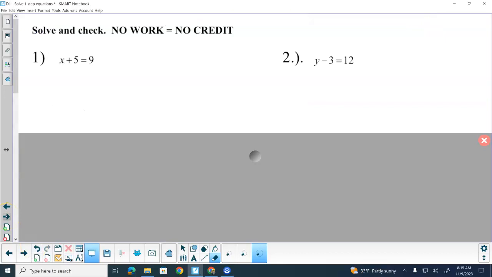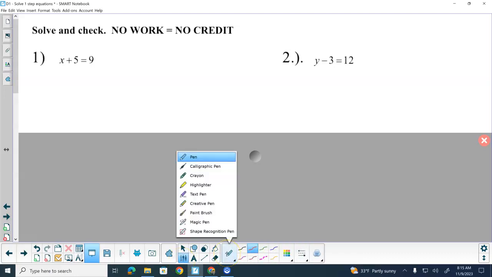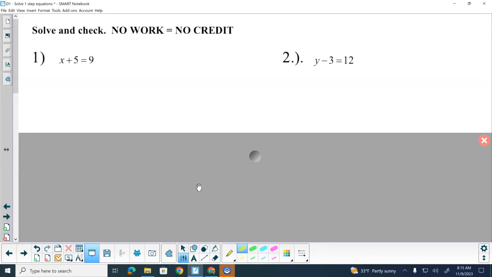So, if we are solving, remember, we want to get this variable. You first have to figure out what your variable is, and right now, our variable is x. We need to get that variable all by its lonesome on that side.